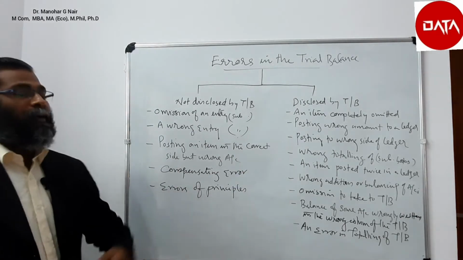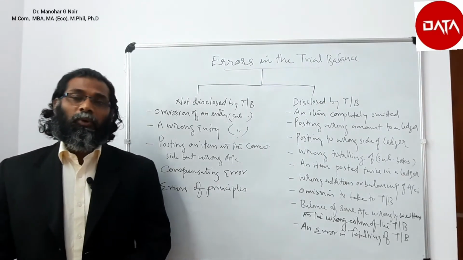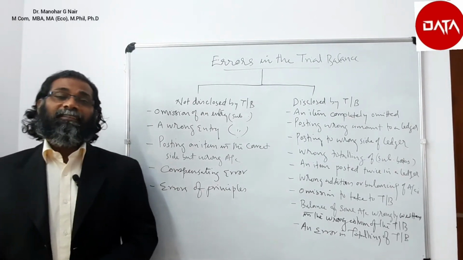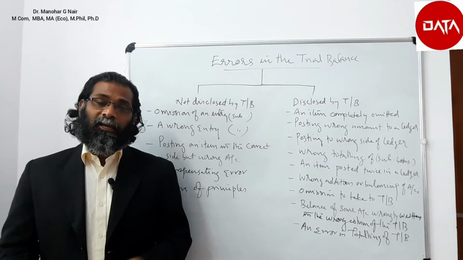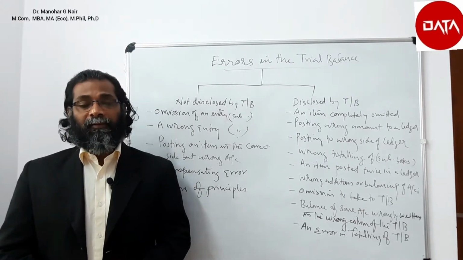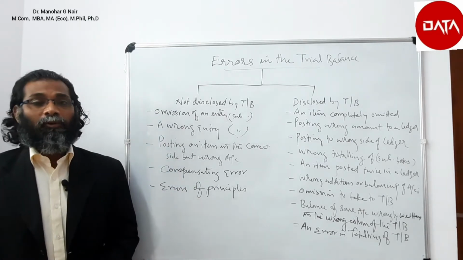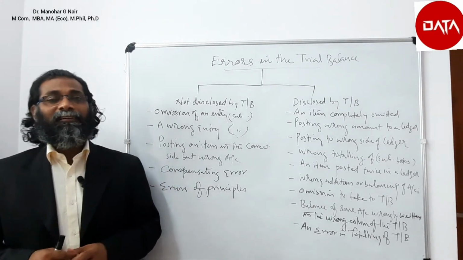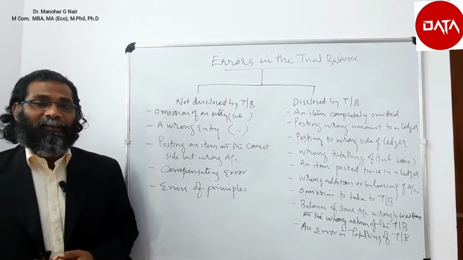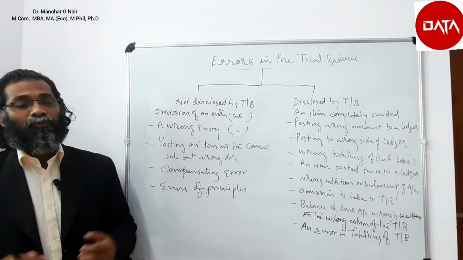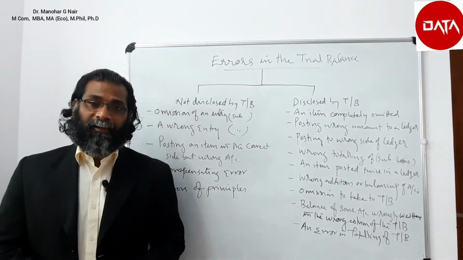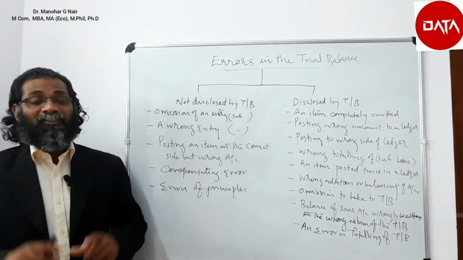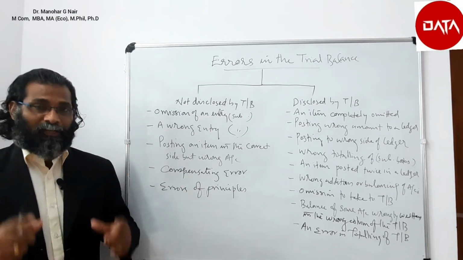Similarly, error of principles. According to the rule, the carriage as well as erection charges of a machinery are to be added to the value of the machinery, but they may be included with the wages. So the net result will not make any impact. Both show the debit balance, so the trial balance may not reflect the mistake. Principle-wise, it is not correct.